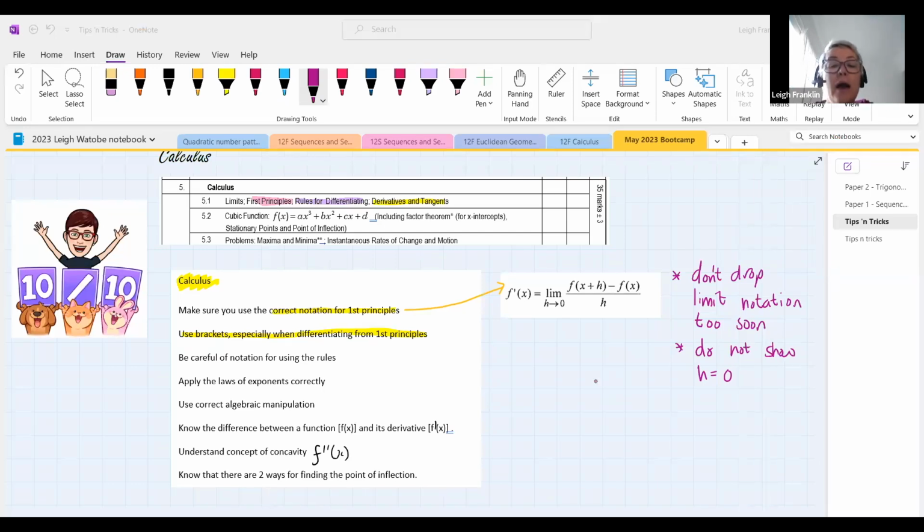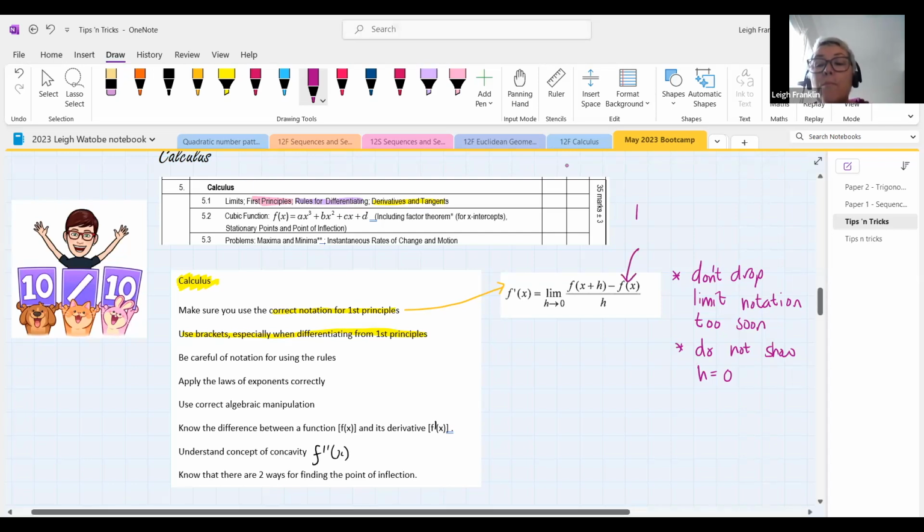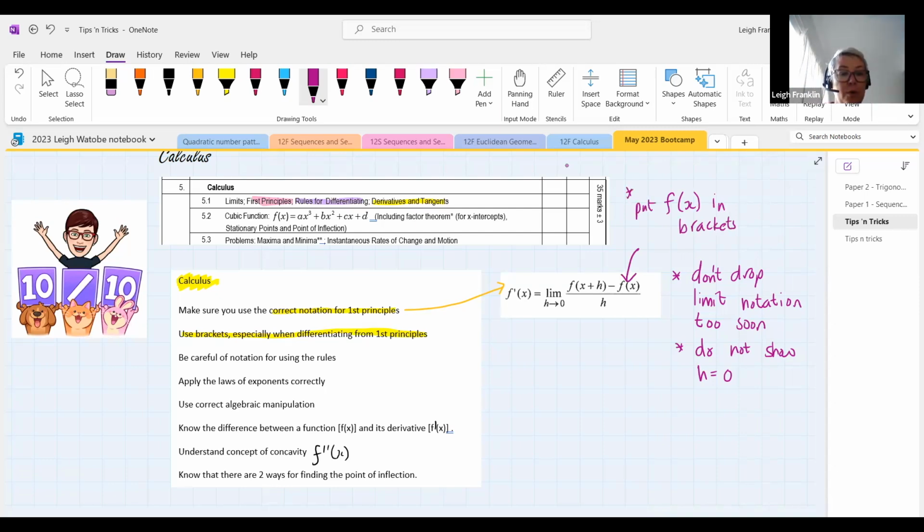Any other questions about first principles before we move on? All right, moving on then.